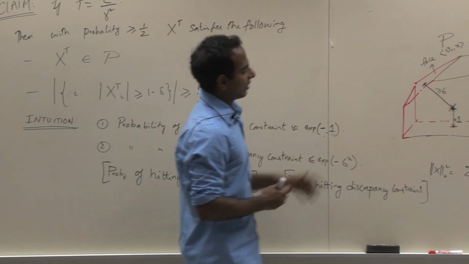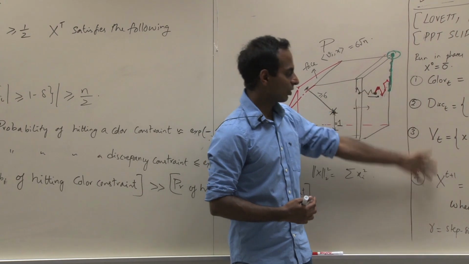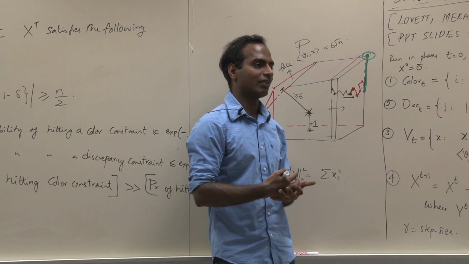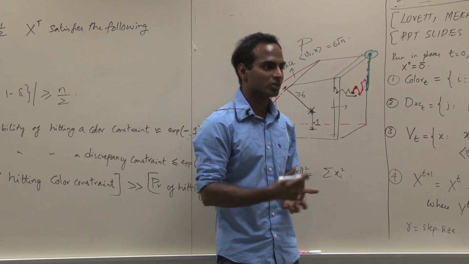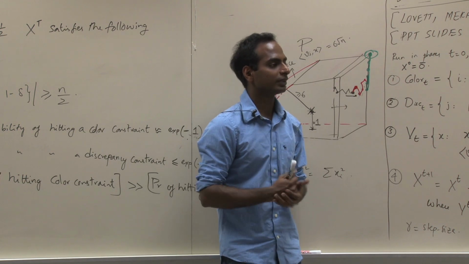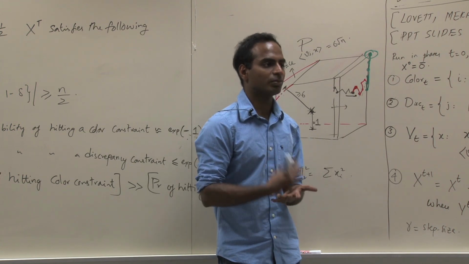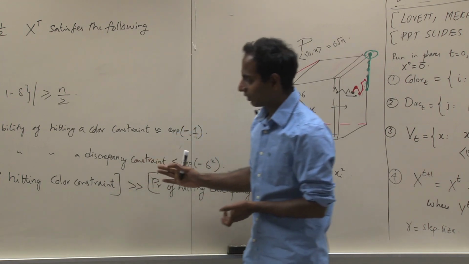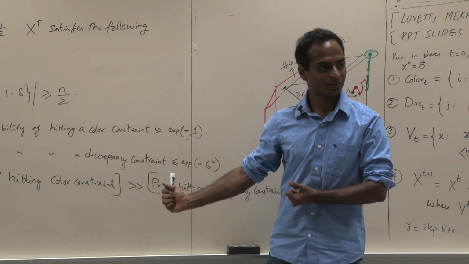But at the end of the day, let's say you did find a vertex here. When you're no longer able to walk, what should happen? You must have imposed n constraints on yourself, because you started off with n degrees of freedom, and if you're no longer able to continue the algorithm, that means you must have imposed n constraints. And we know that you're more likely to impose color constraints than discrepancy constraints.